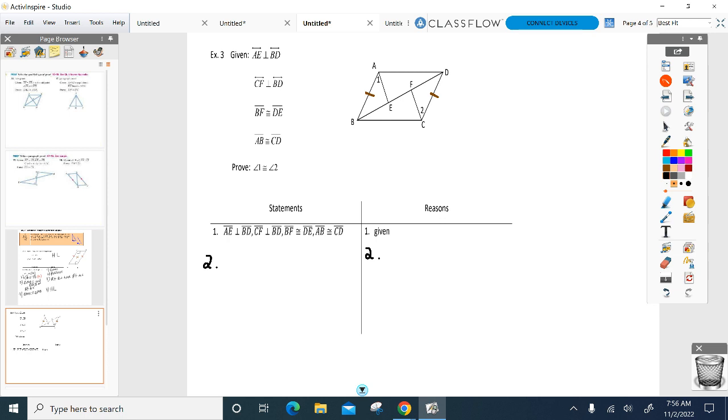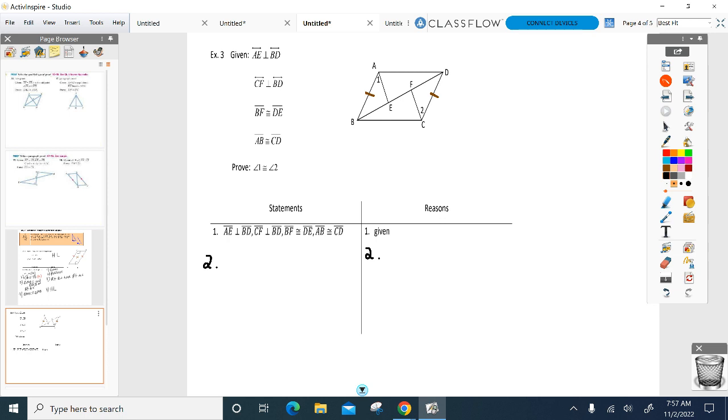All right, here we go. Look at your proof statement first, please. Let's make a plan before we move on. Proof statement: angle 1 congruent to angle 2. We did this on Monday. Angles 1 and 2 are only going to be congruent if the triangles they are in are congruent, right?